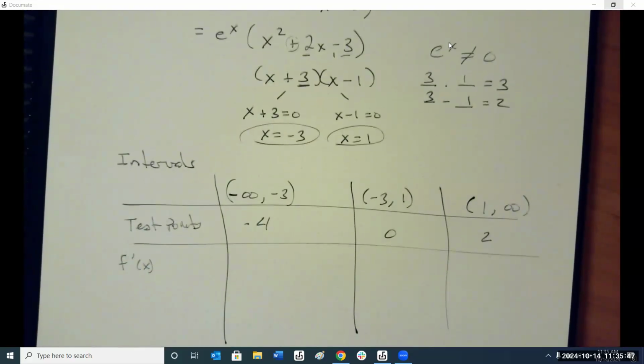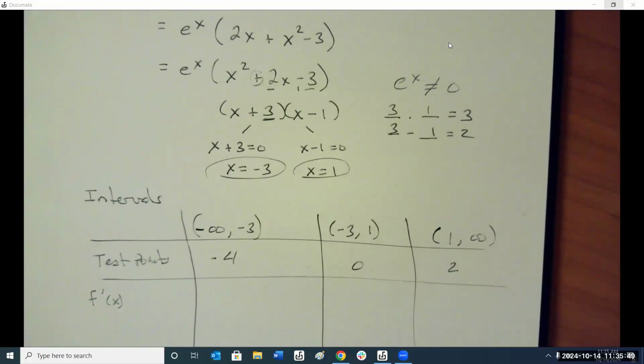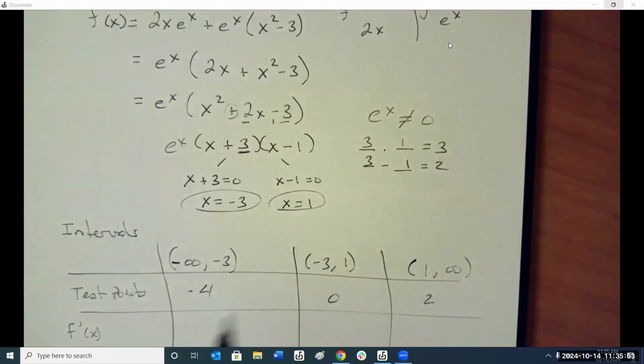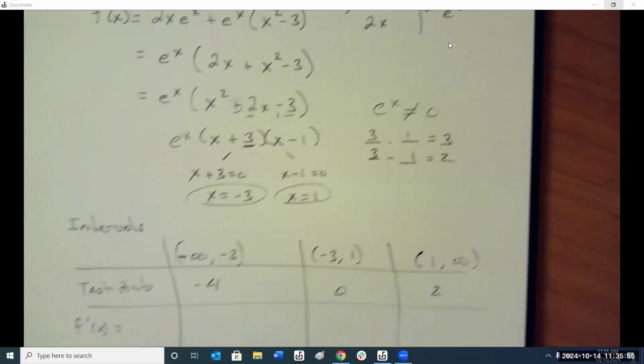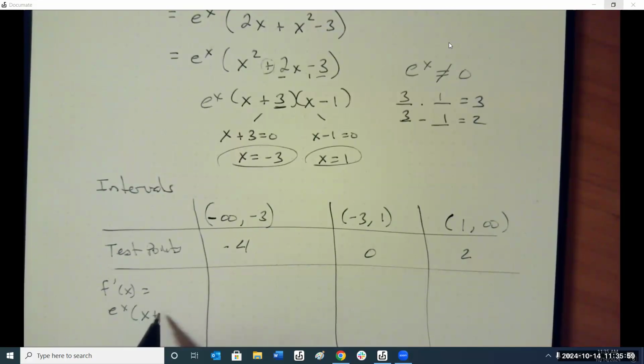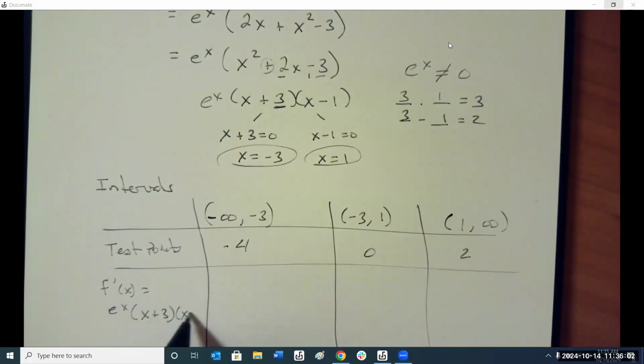Plug them into the first derivative, e to the x times (x plus 3)(x minus 1).